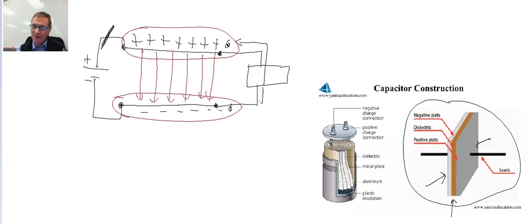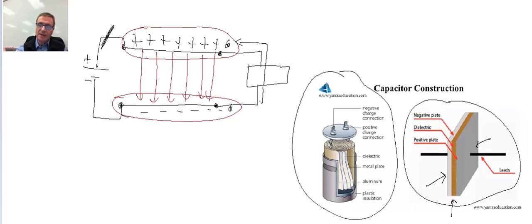You can have an air gap, or a material that we call a dielectric. You can have really anything in there as long as it separates the two plates. And as we'll find out in a little bit, having a dielectric actually helps to increase the capacitance of our device.